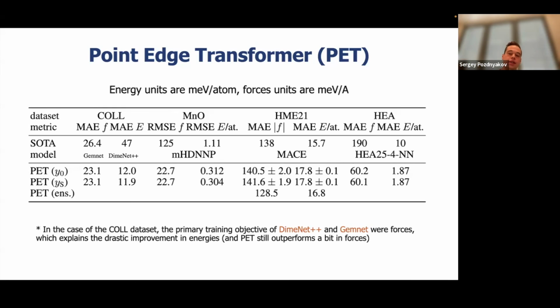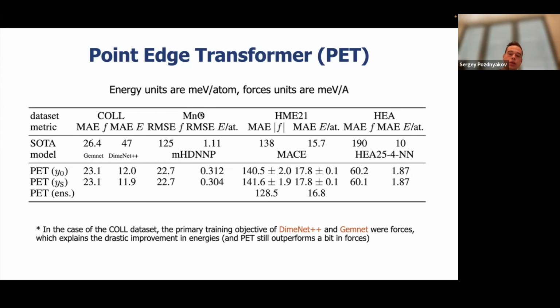The performance is really, really close. And also, if we do an ensemble, what I mean is that we fitted 5 independent PET models for the same train-val-test split with different random seeds, and if we simply average the predictions of the ensemble, we eventually outperform MACE in forces.